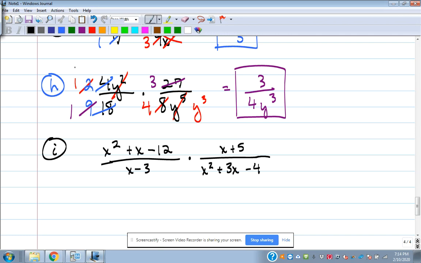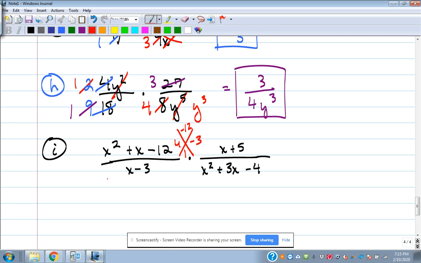So I'm going to do X method on the top left. Multiply to be negative 12 and add to be 1. What does that? What will that be? 4 negative 3.